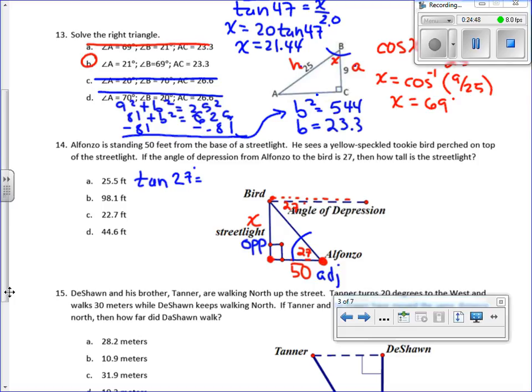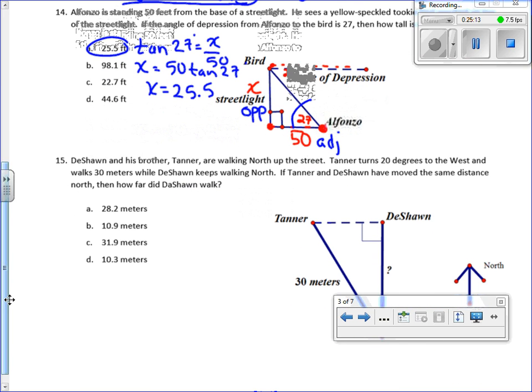So the tangent of 27 degrees equals x over 50. X is on top, so I'm going to multiply 50 times the tangent of 27 degrees. So 50 tangent 27. Make sure your calculator's in degrees. So x equals 25.5.